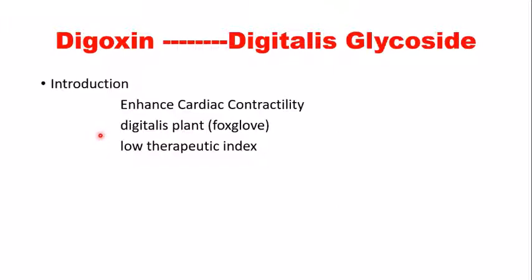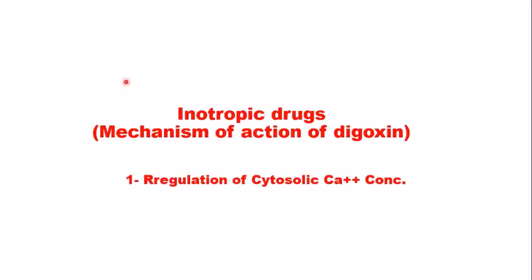The only available agent is digoxin. As far as the mechanism of action of digoxin is concerned, there are two mechanisms of action. Number one is the regulation of the cytosolic calcium concentration, and the other one is the increased contractility of the cardiac muscle.